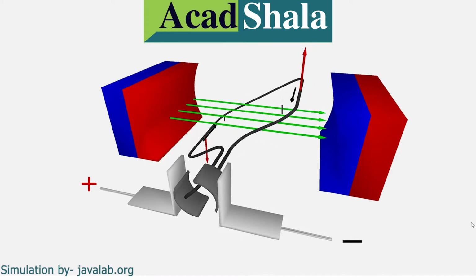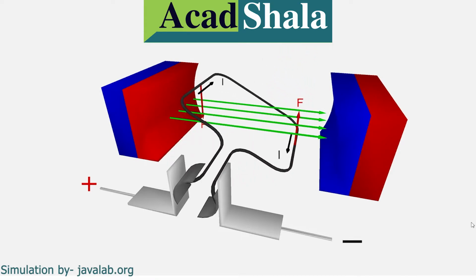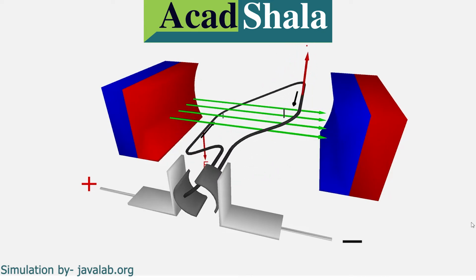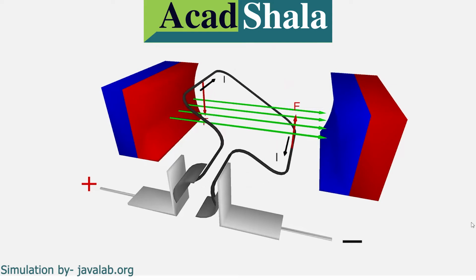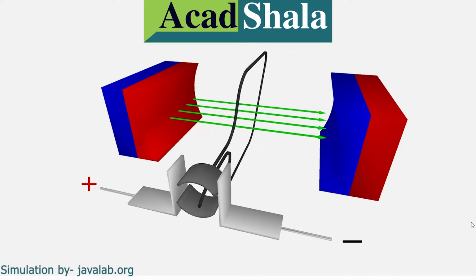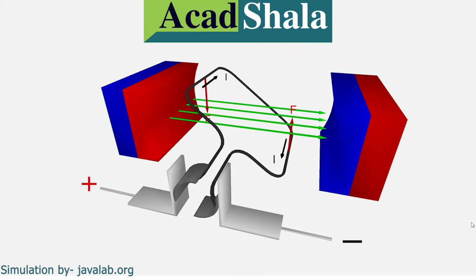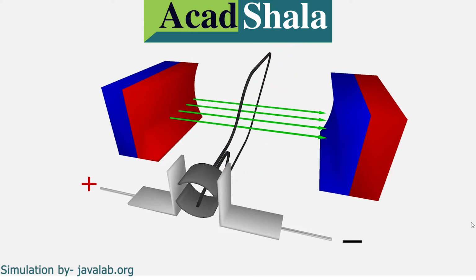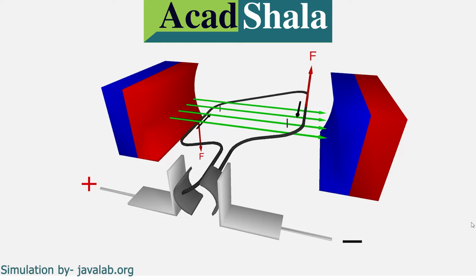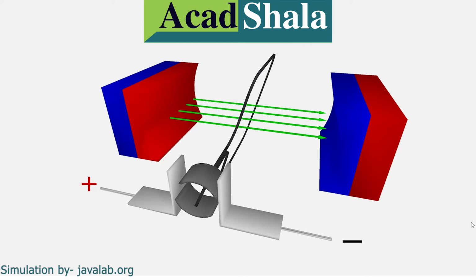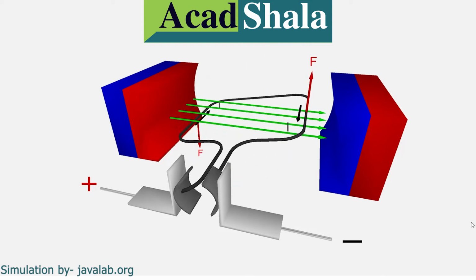The current in the coil ABCD, as you know, enters from the source battery through the conducting brush X and flows back to the battery through brush Y, that is from X to Y brush. The current in arm AB of the coil flows from A to B and from C to D in arm CD.